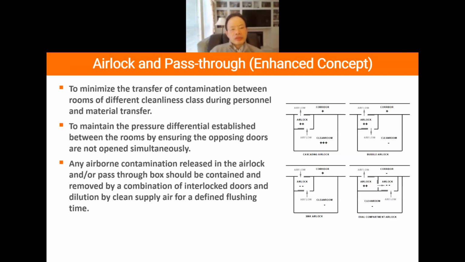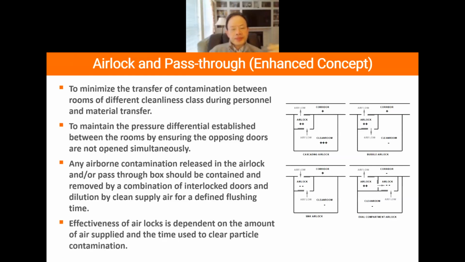And so the ISO standard puts this language in. It's very simple: the flushing time is based on the air change rate inside the airlock. High air change rate, shorter waiting time. So basically the airlock depends on the amount of air you supply and the time used to reduce particle concentration.